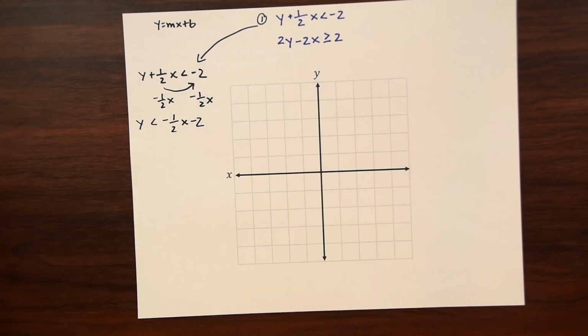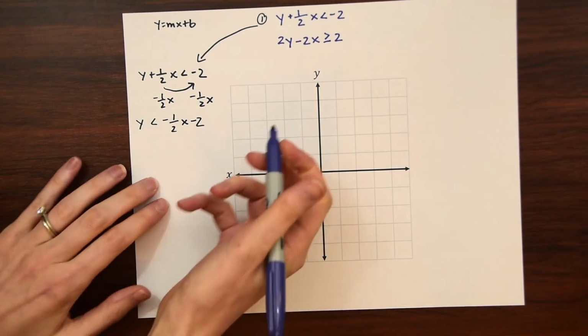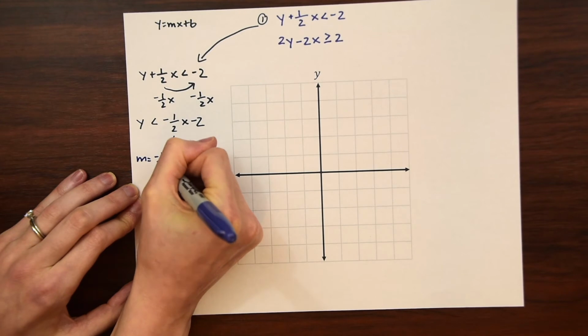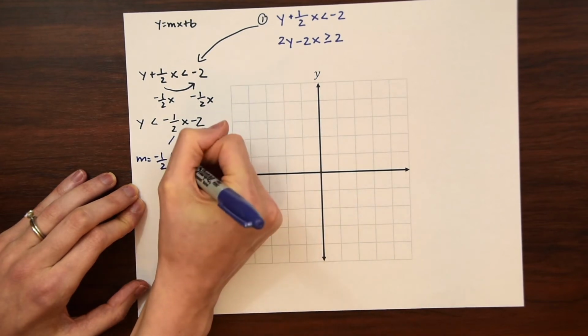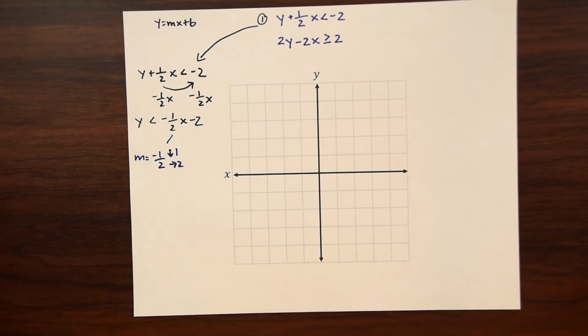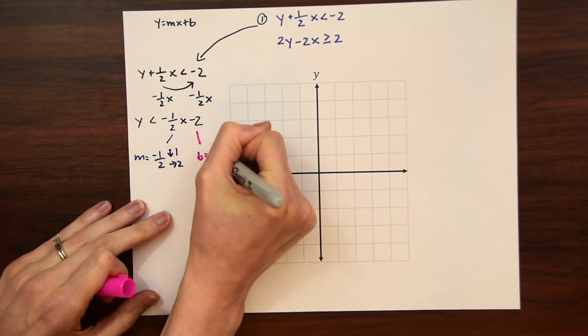Now looking at this, we can identify the slope and the y-intercept. The slope is -1/2, so you could think of this as down 1 and to the right 2. And the y-intercept, b, is just -2.